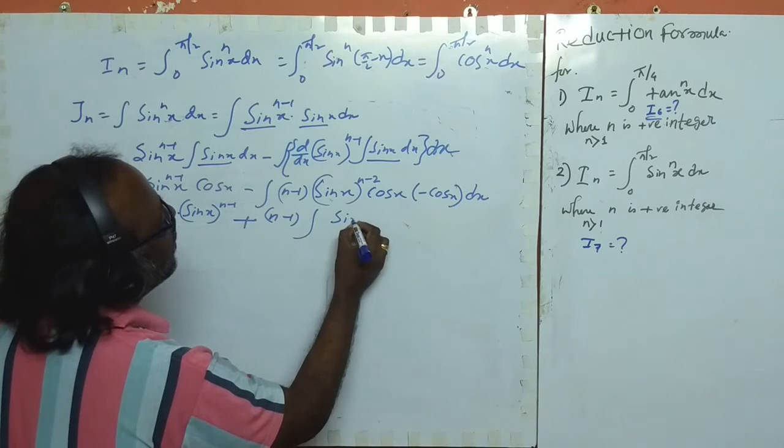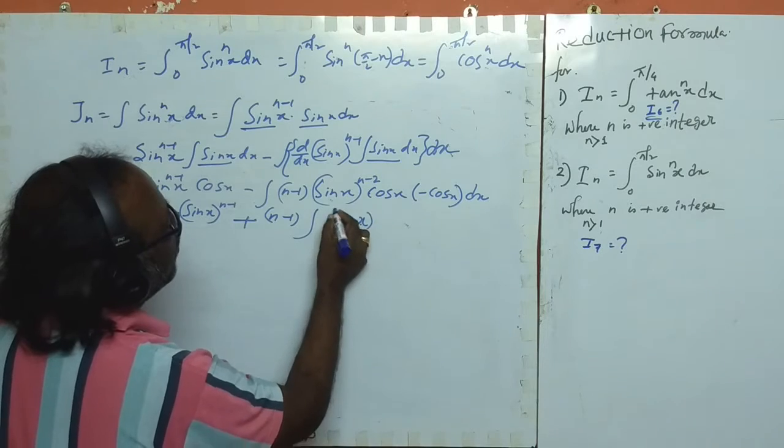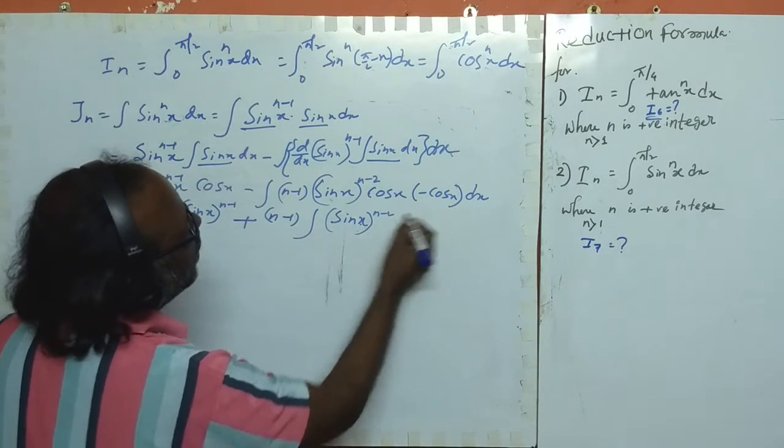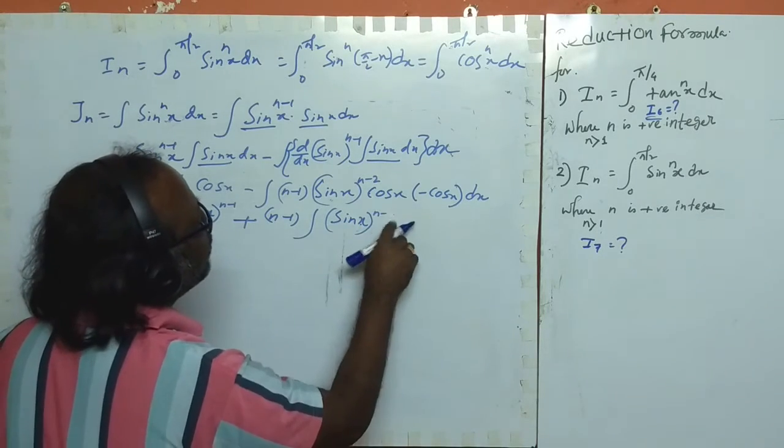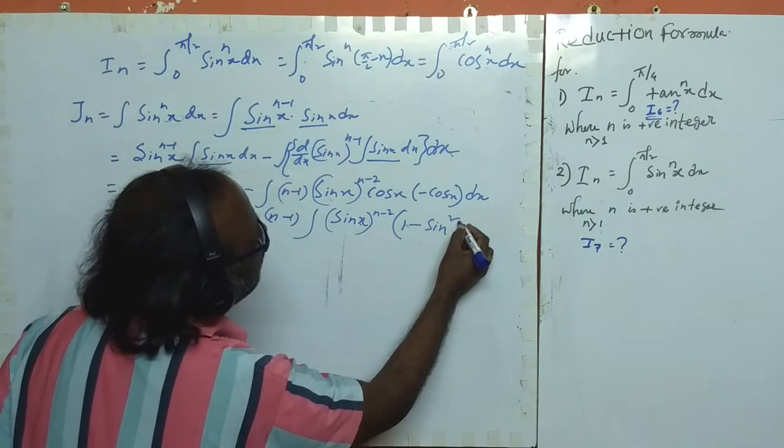See here, sin x to the power n minus 2, and if you put cos times cos, that is cos square. So cos square can be written as 1 minus sin square.